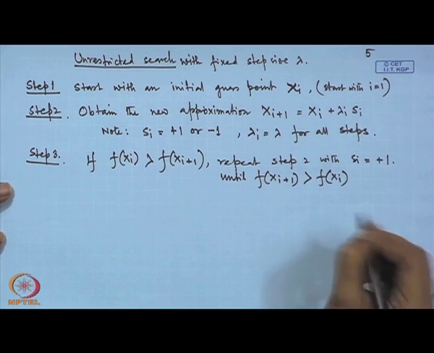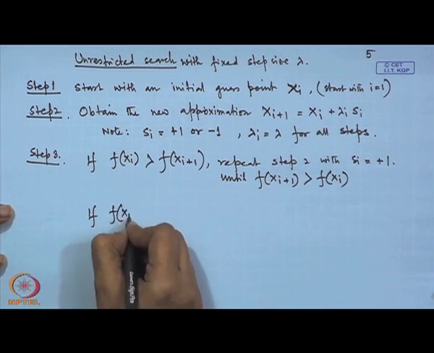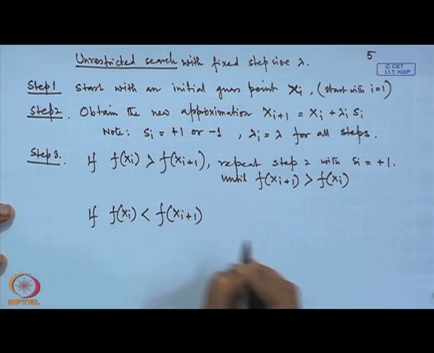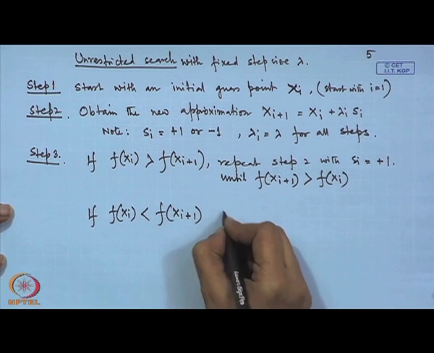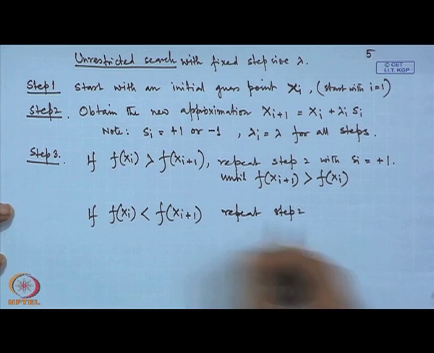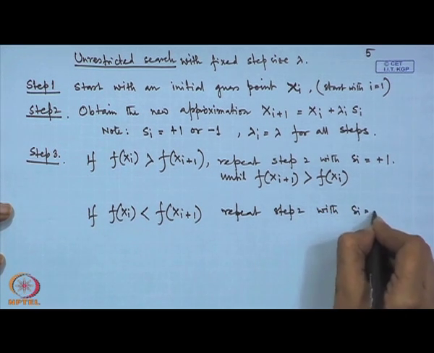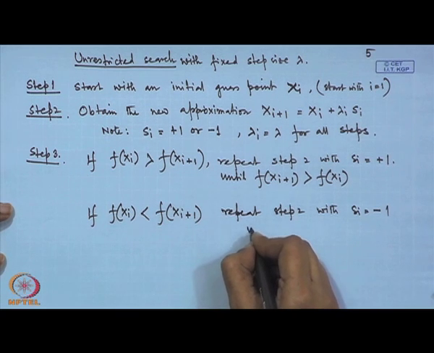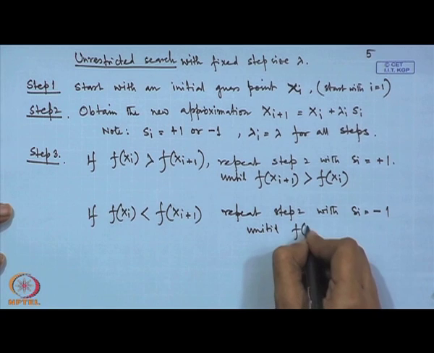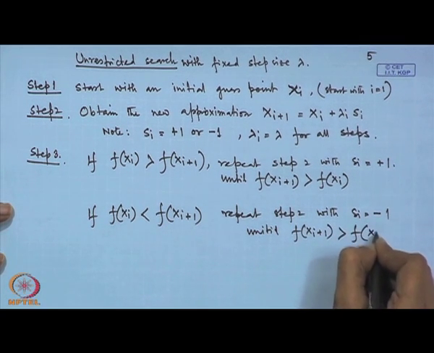All right. If it is the other case, that is f(xi) is lesser than f(xi+1), then we will repeat the process. Repeat step 2 with si is equal to minus 1. How long? The same condition until f(xi+1) is greater than f(xi).